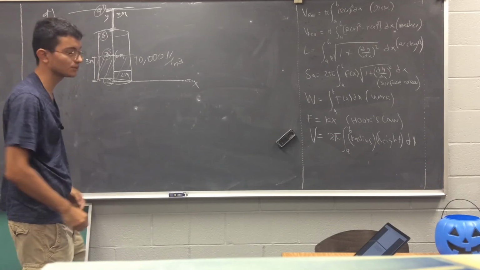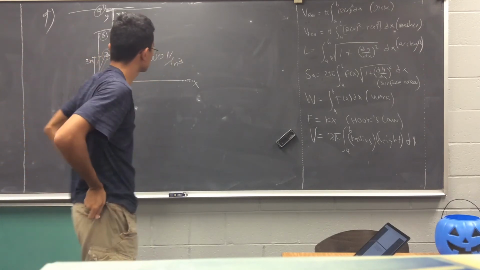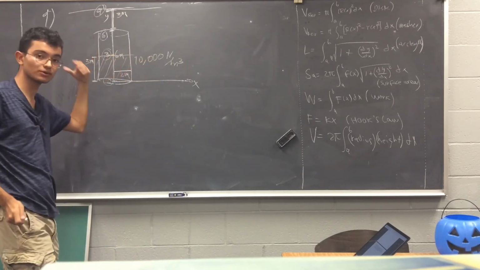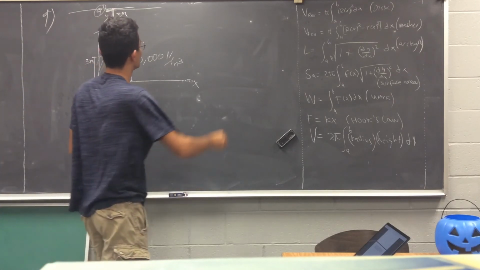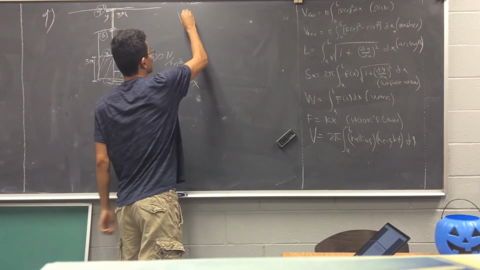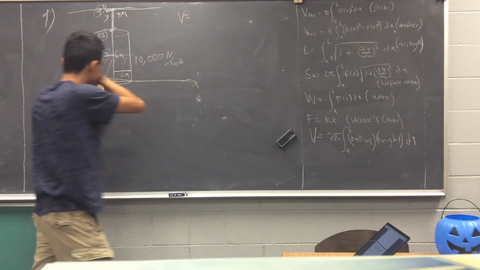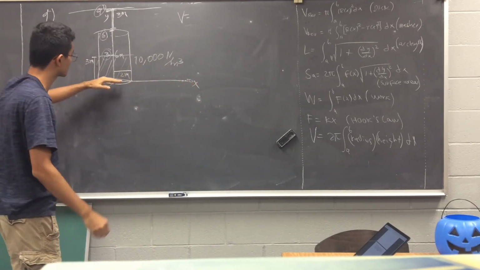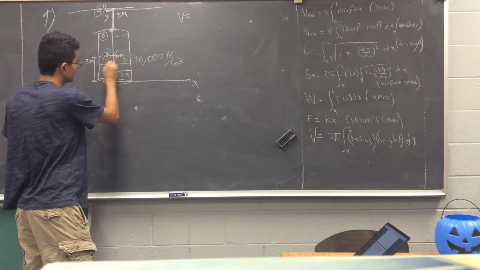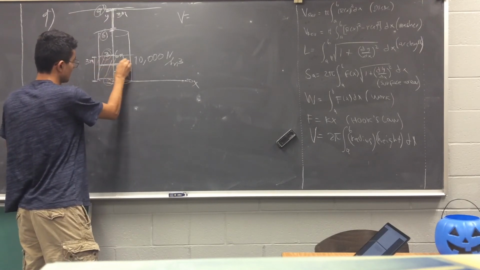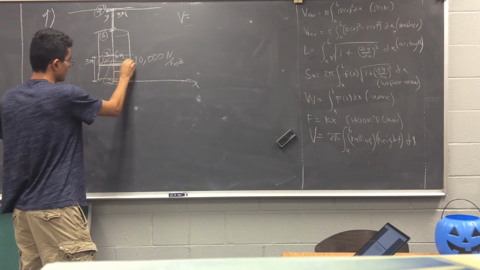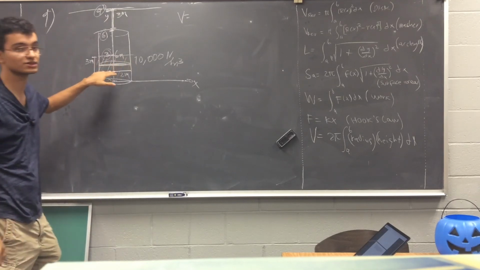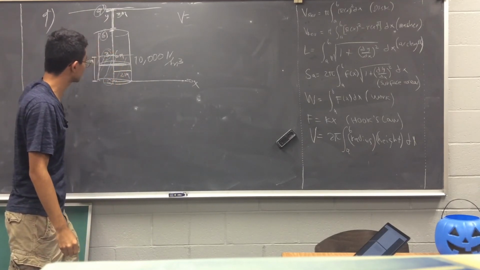So we have to follow a few steps. First of all, we need to find an expression for the volume of the water. For the volume of the water, we're going to do volumes of revolution. We're going to imagine that we have an infinitesimal disk over here, and we're going to add up all those disks from 0 to 3.